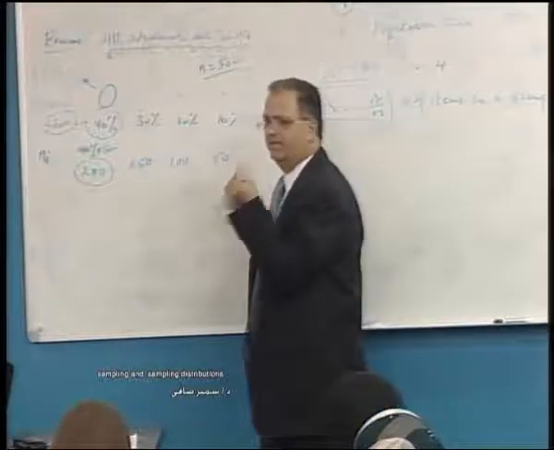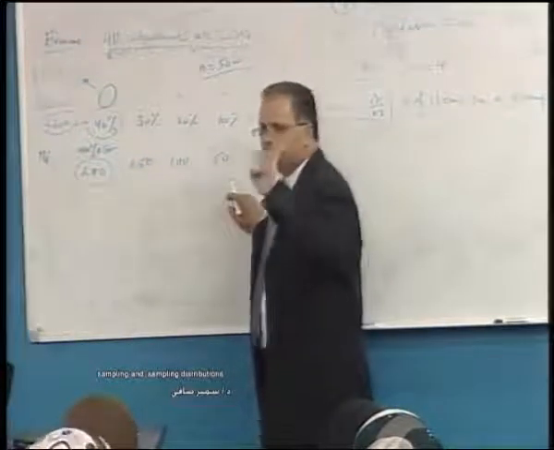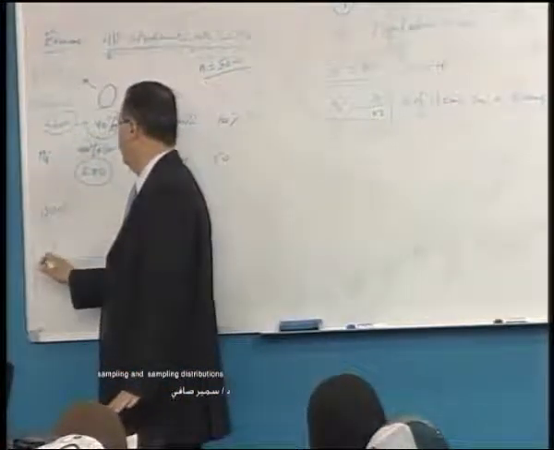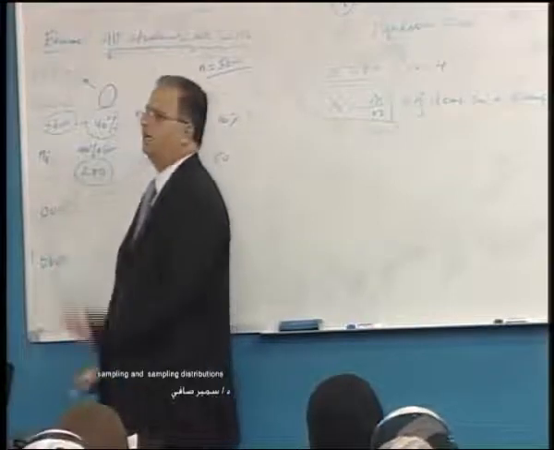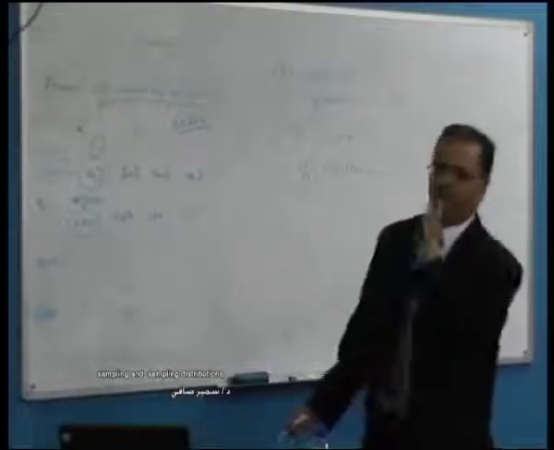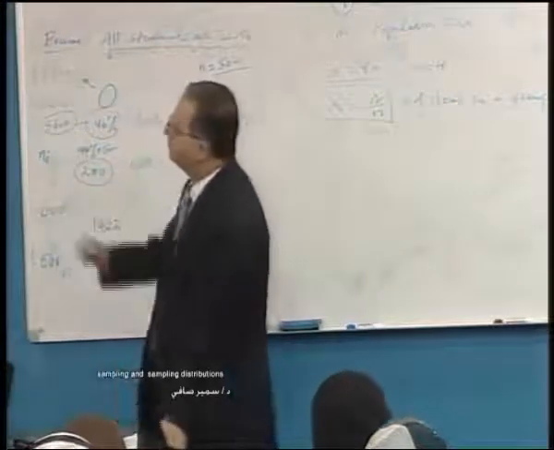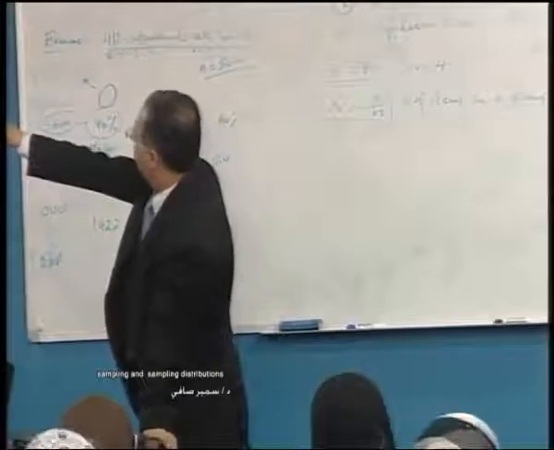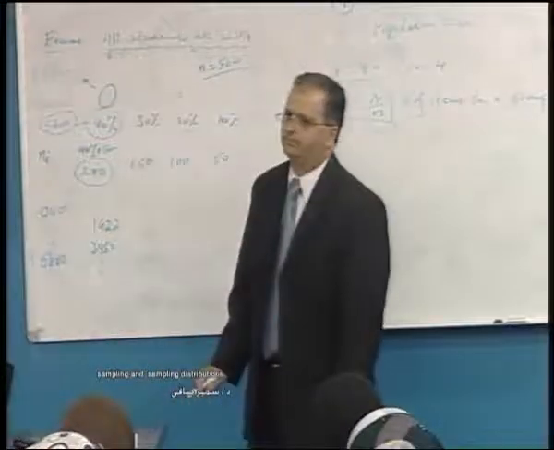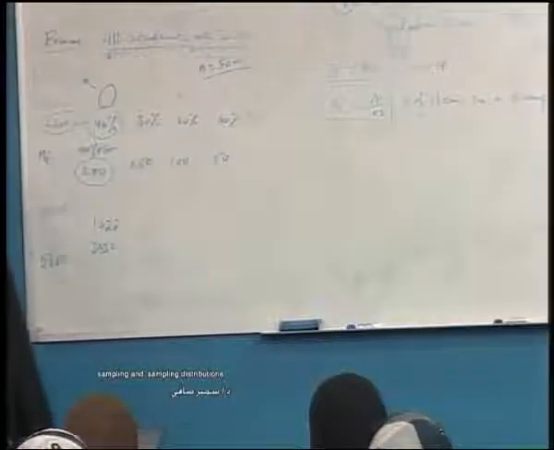So the number of females in the first level is 5,600. How many digits do we have? 4 digits. The first one 0001 all the way up to 5,600. If you go back into the random table, take 4 digits. So the first number is 1922. Next is 3950. And so on. So that's the way we can choose stratified samples.